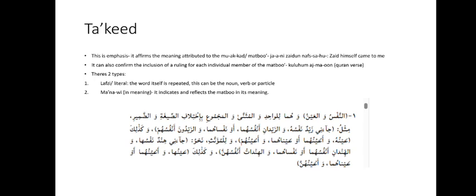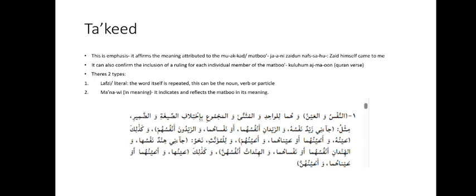So it's emphasizing that it wasn't just a few of them, because plural just means three or more. If I said the angels prostrated, it could just mean three or more angels prostrated. But by saying kulluhum ajma'un, it means each individual member of this group, which is known as angel, prostrated.